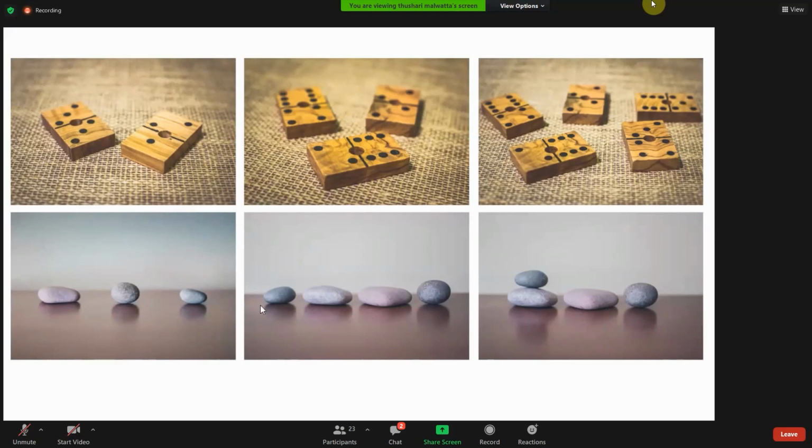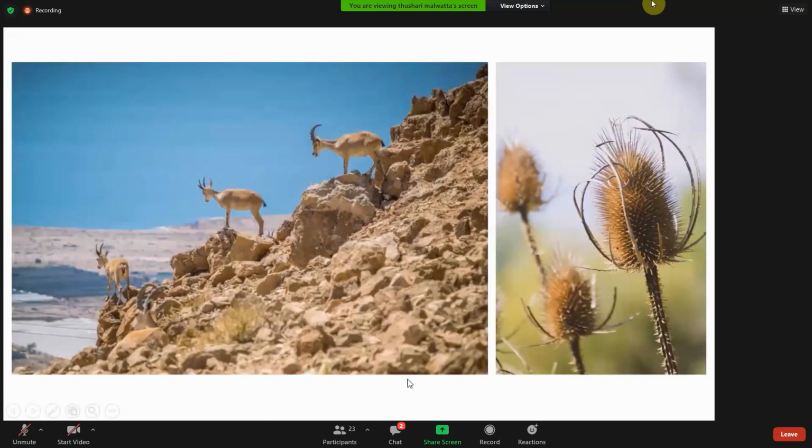And if we have four, rather than creating this, you can create this. This looks more visually pleasing. Here, 3 and 2, it seems more interesting. Rule of odds is a technique that you can simply use.